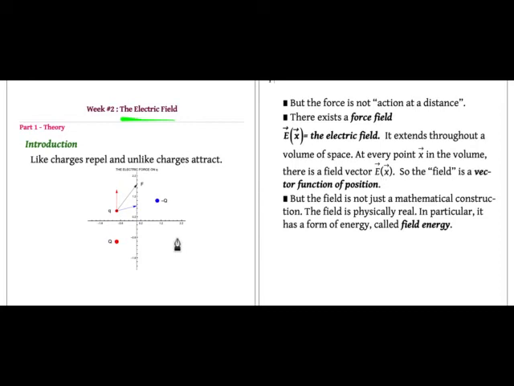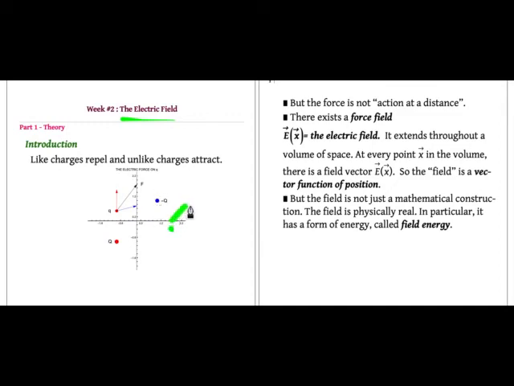So if I take any point in the space, let's say here, there'll be a field vector. Let's say pointing more or less in this direction. Well, not exactly pointing towards negative Q. It's a little bit pointing away from capital Q, although the force towards negative Q is stronger.